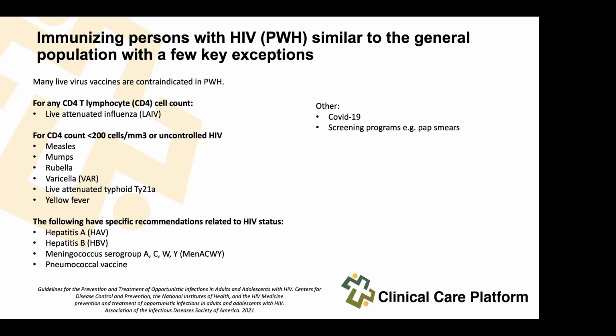But if you look at the live attenuated influenza vaccine, it is generally not recommended at any CD4 count for HIV positive patients. If you have a patient with significant immune depletion or uncontrolled HIV, you need to be very careful about some of these live vaccines: measles, mumps, rubella, varicella, yellow fever.